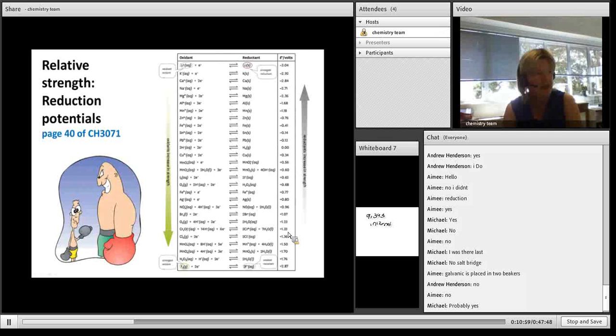Now, what I'm trying to show here is, remember these reduction potentials? In the galvanic cell, you had the strongest reductant having to react with a stronger oxidant down here for the reaction to work.